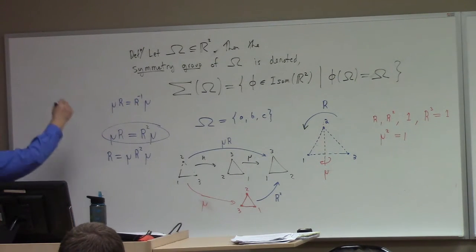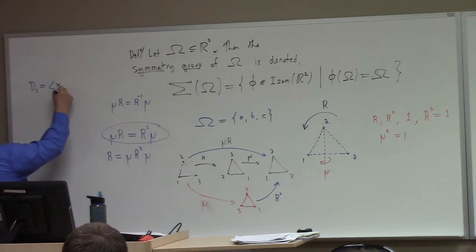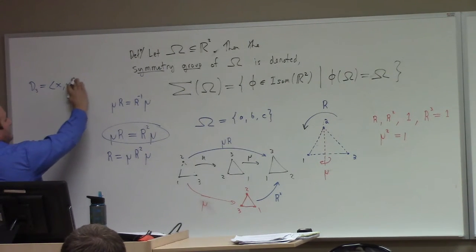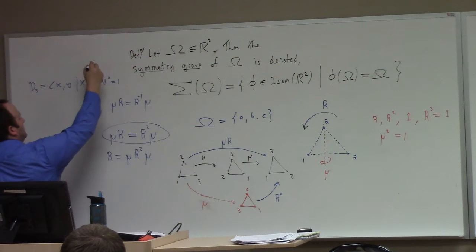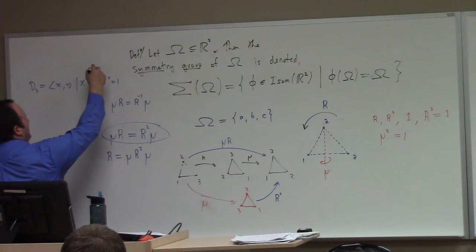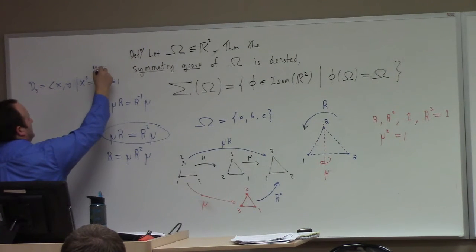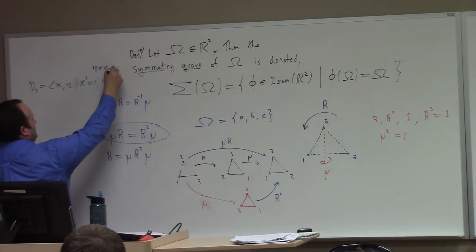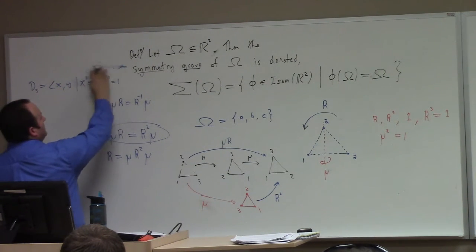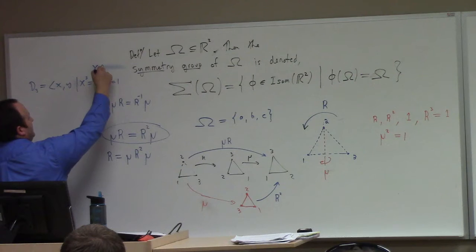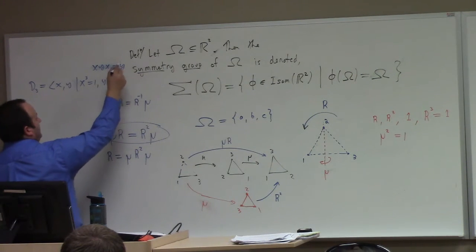You may recall, if we look at D3, which was generated by x and y, such that x cubed was 1, y squared was 1, and we have the relation, oh curses, how did I write it? I can't remember. Was it yxy equals x inverse? Or xyx equals y?